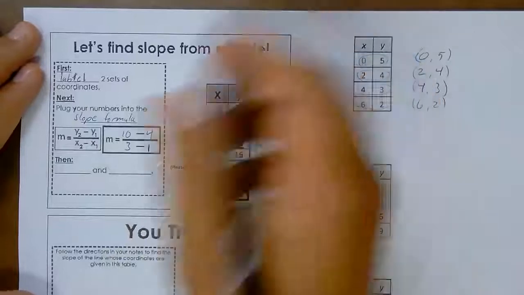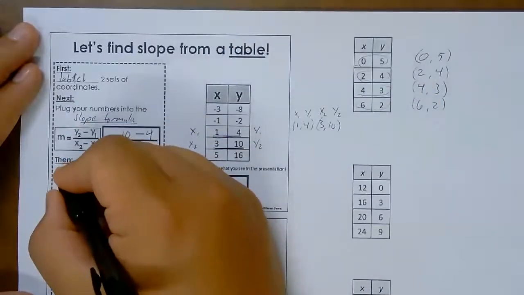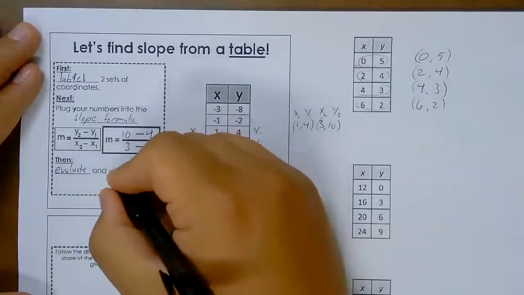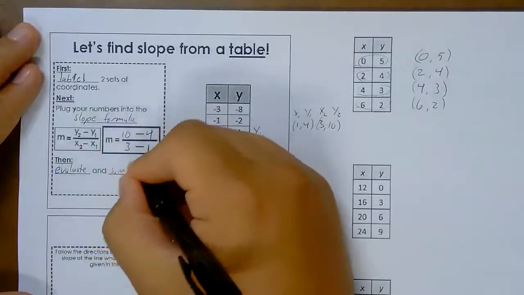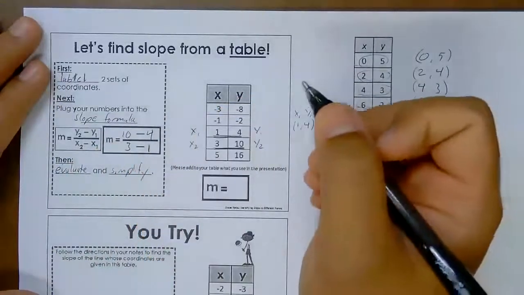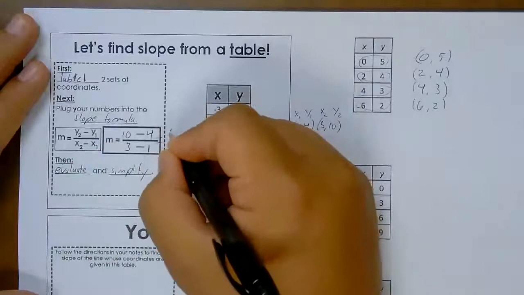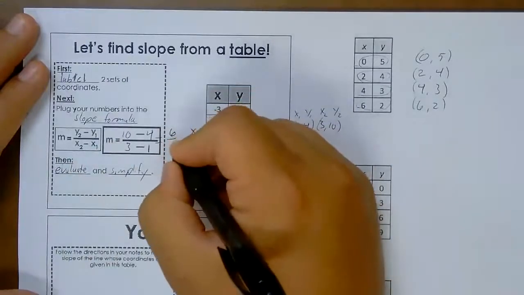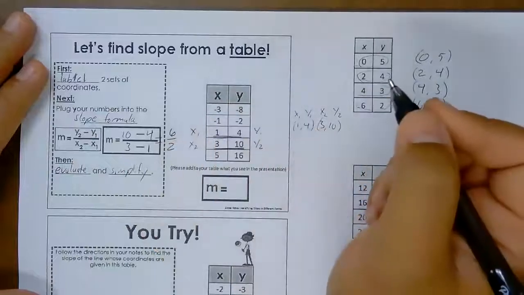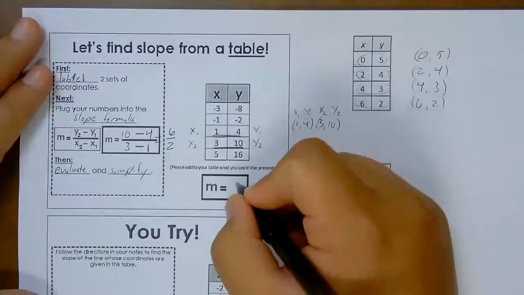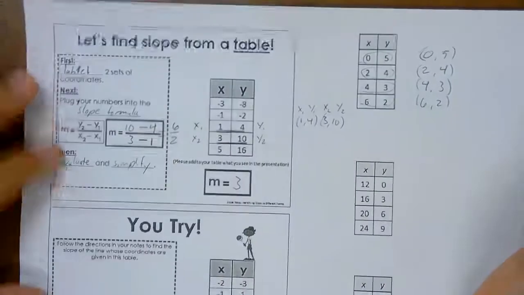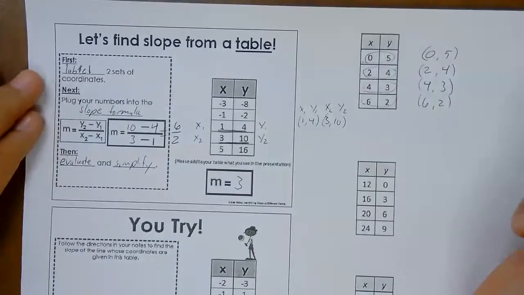Once we have it plugged in, same process, evaluate and simplify. So 10 minus 4, that is 6 over 2. 3 minus 1 is 2. Does that simplify? It sure does. That simplifies down to 3.